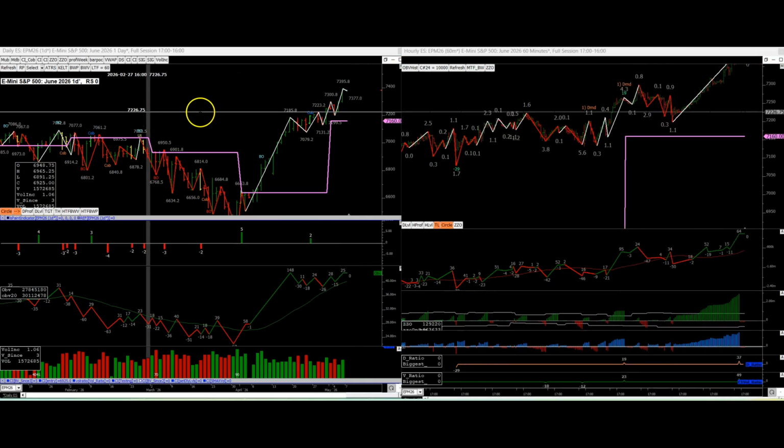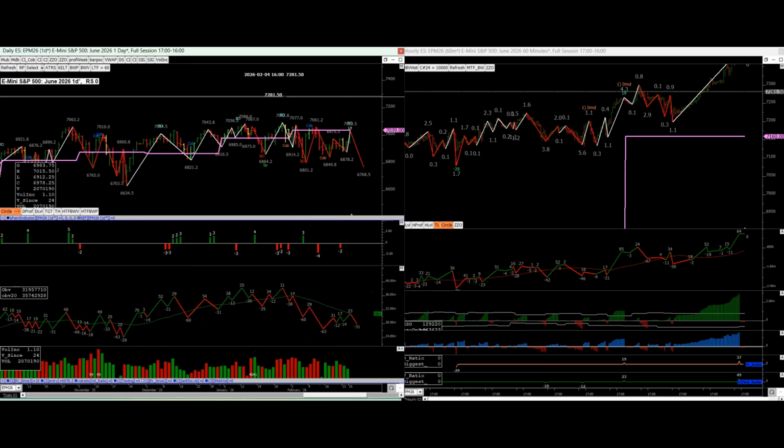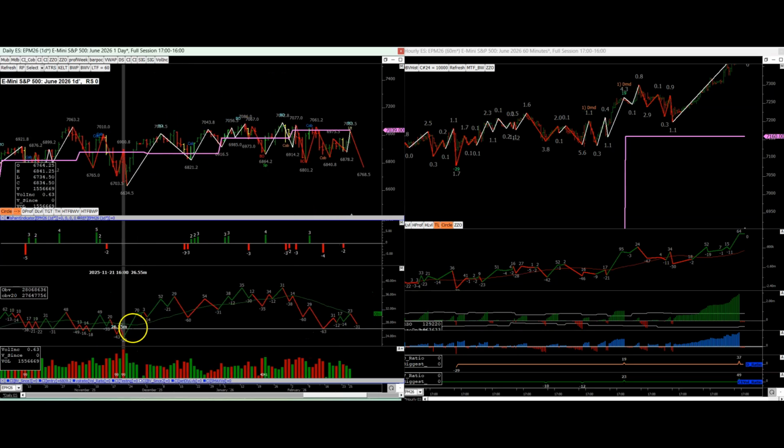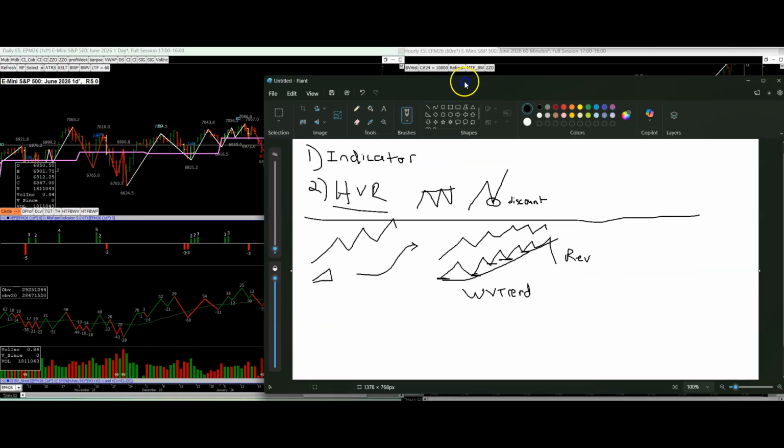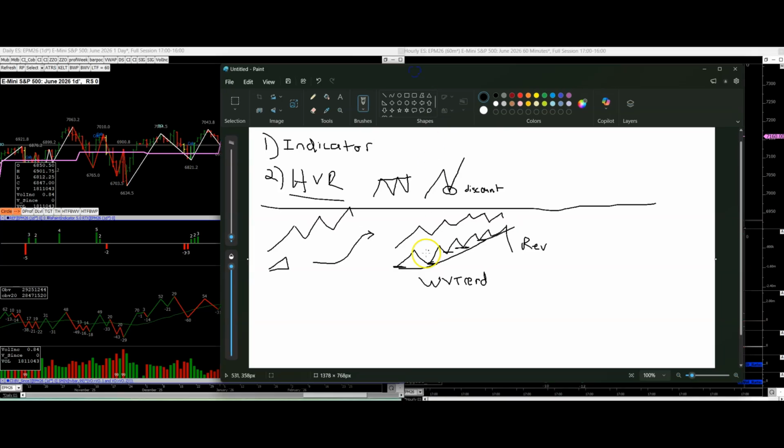All right, so first thing is, this is the daily chart, and this is the wave volume trend. The way you do this is surprisingly simple, because you already have the base for this, which is on balance volume. Once you have on balance volume, which is the summation of volume, you can then add a zigzag on it.